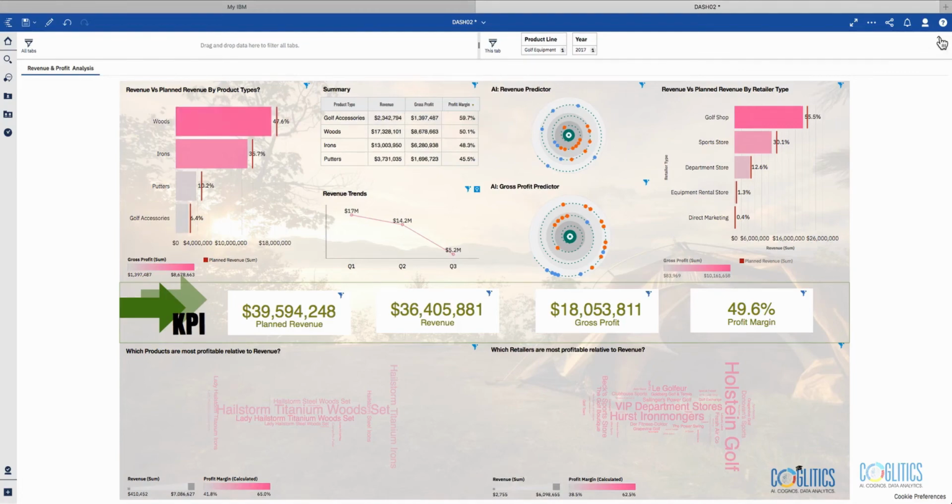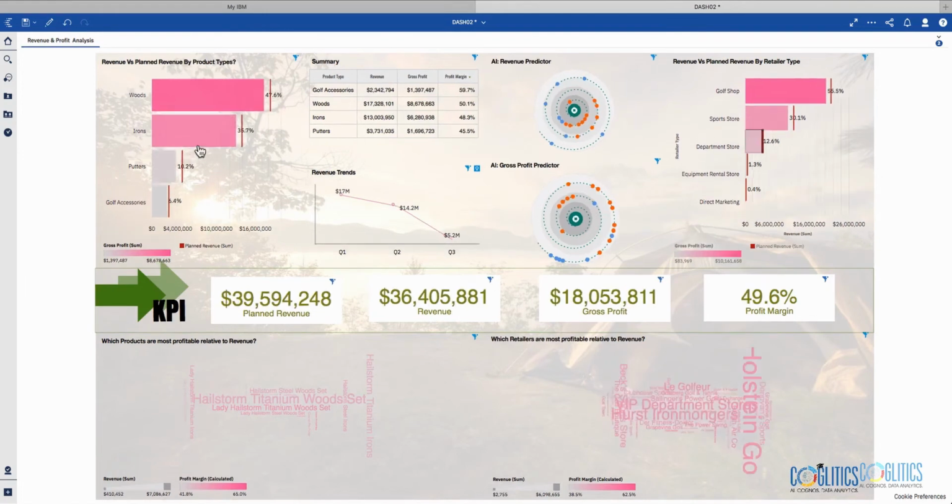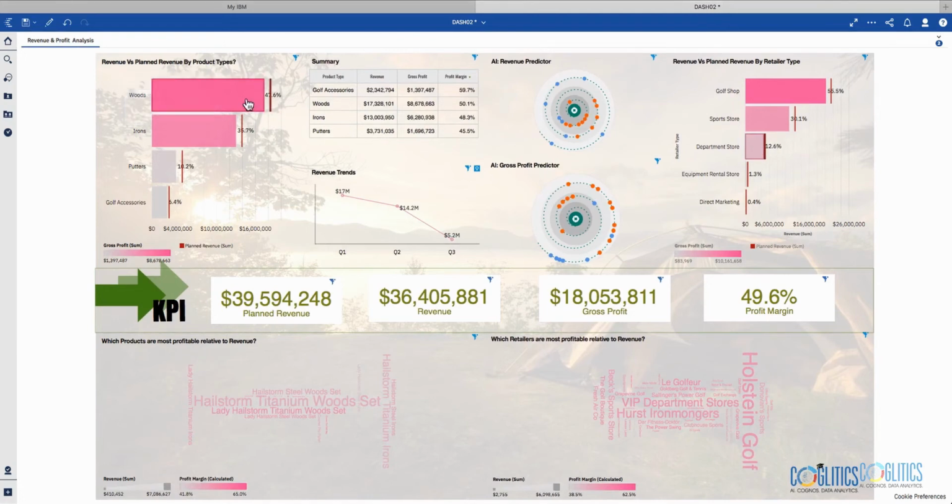Now, this is a very good technique to have as a data visualizer. It is good to give users different ways to view their data, because relatively I can tell that woods has a 47% share of our revenue, but in terms of our profit margin, we see that golf accessories is actually where we are making most of our money.